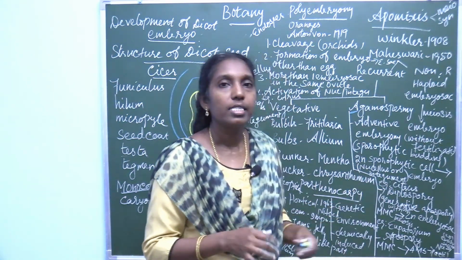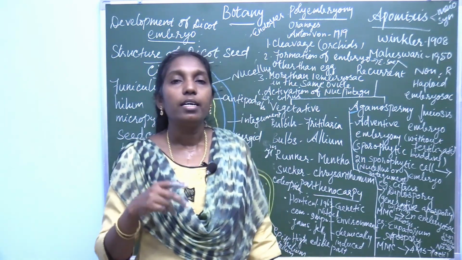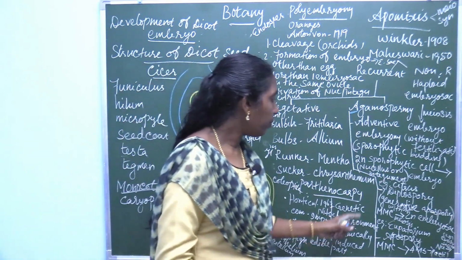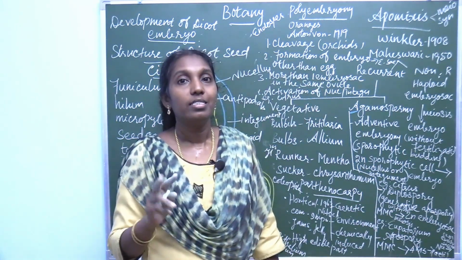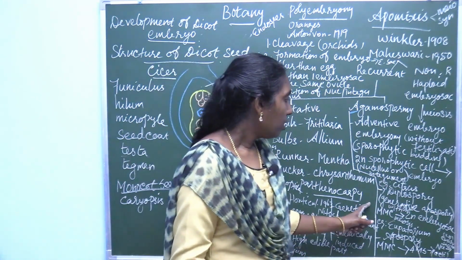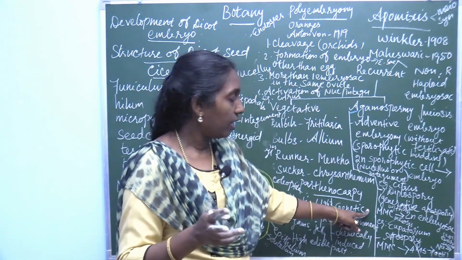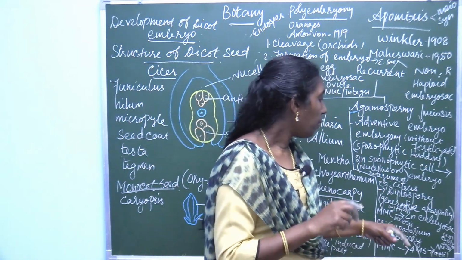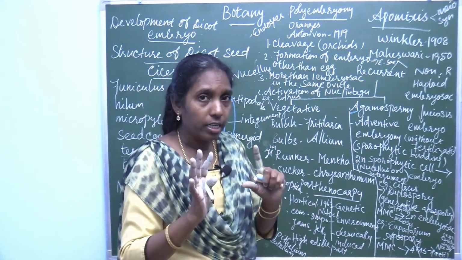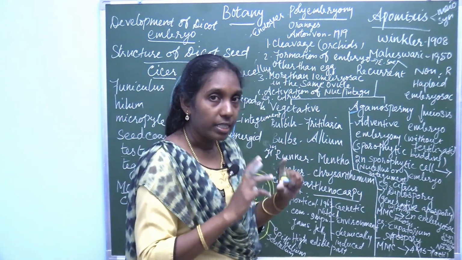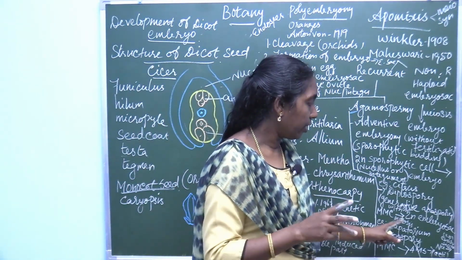The example is citrus. In citrus plants, we find this adventive embryony. The second type is diplospory. What is meant by diplospory? It is otherwise called generative apospory. In generative apospory, the megaspore mother cell does not undergo meiotic division.